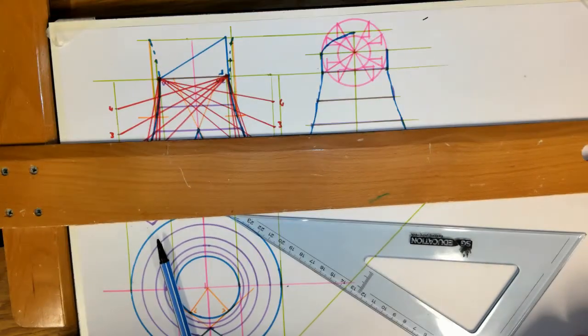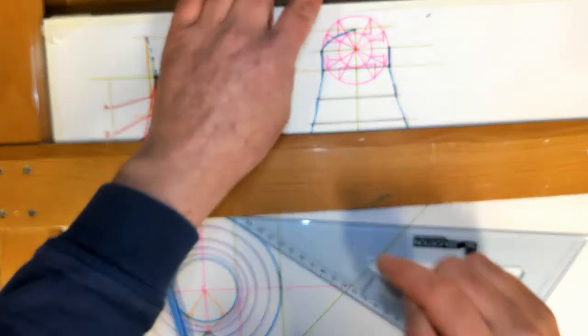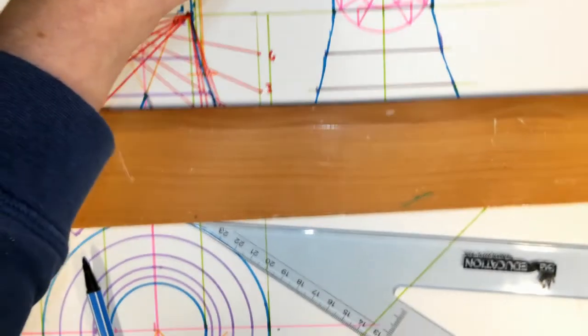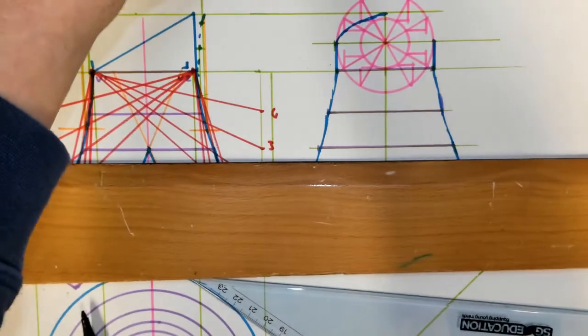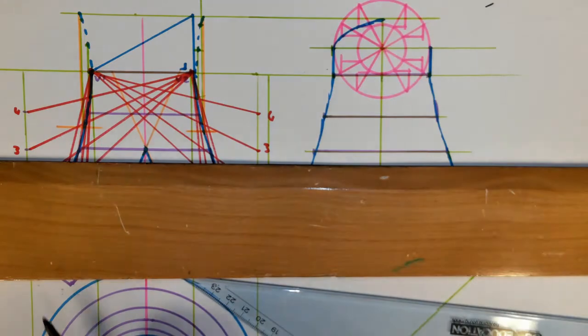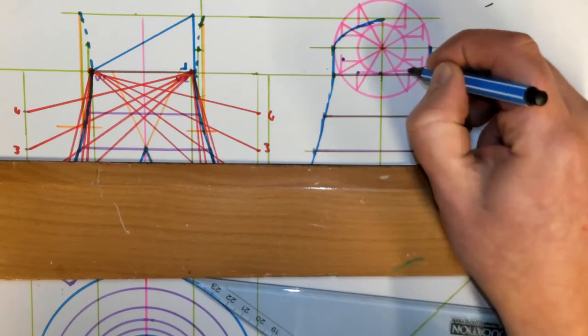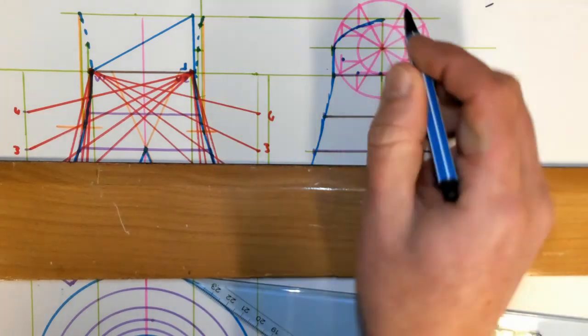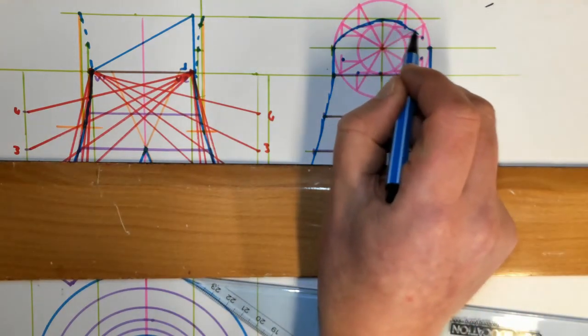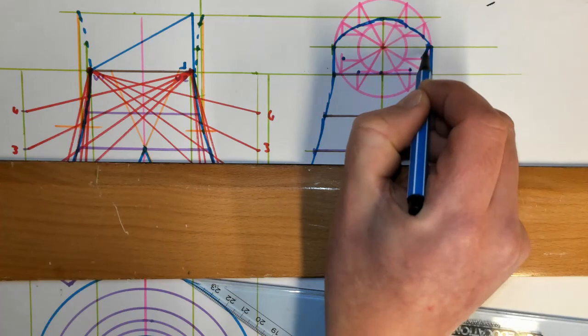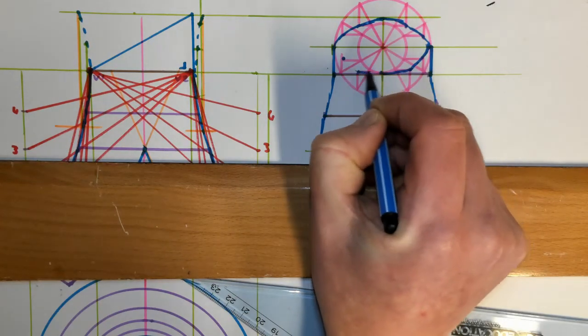So I have my various points. I'll just zoom in a small bit on that. Okay, so let's just be a little bit more stable, and we just dot our various points so that we know what we're connecting, and we'll sketch.